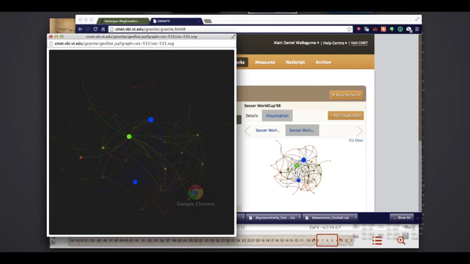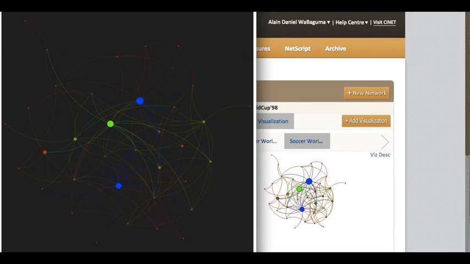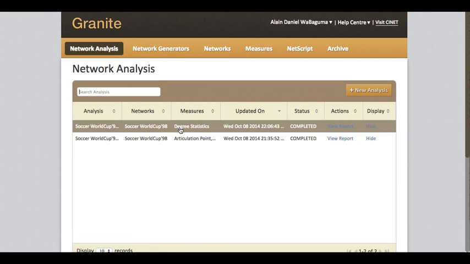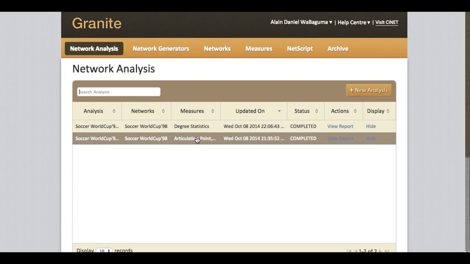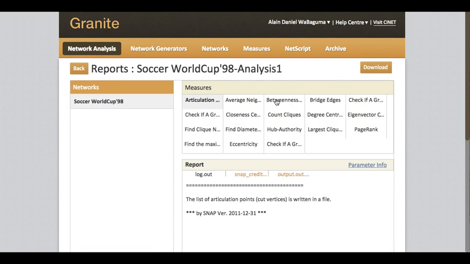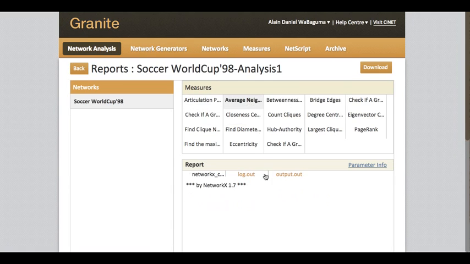Anyways, maybe I can Google a little bit, like the average neighbor node degree in network analysis. Yes, average neighbor node.